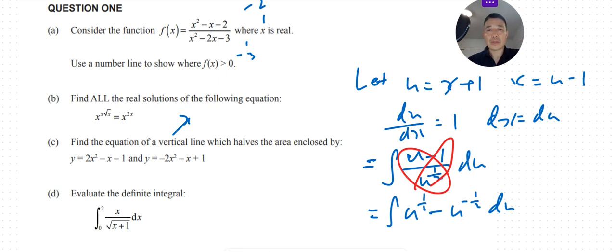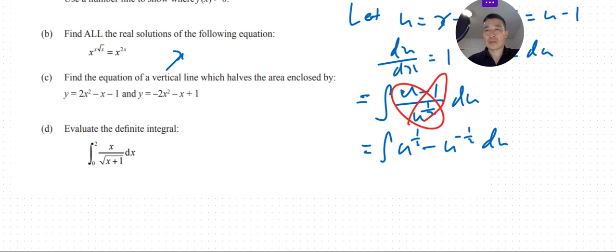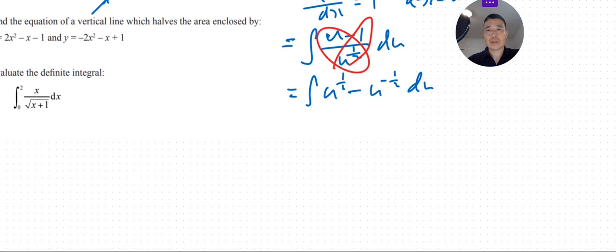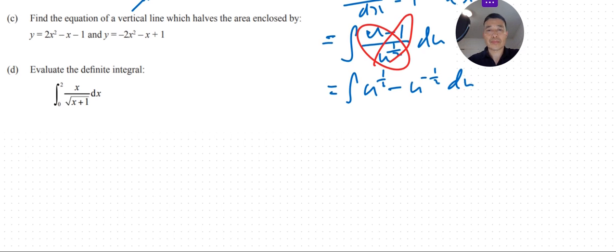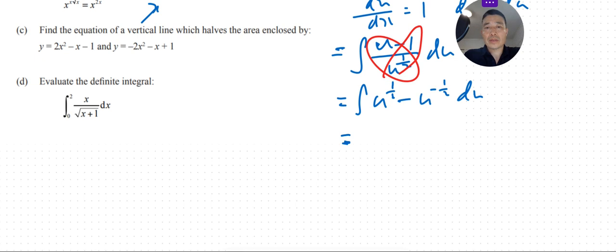So that means, yeah, this is better. This means u to the power of half becomes what? u to the power of 3 over 2.